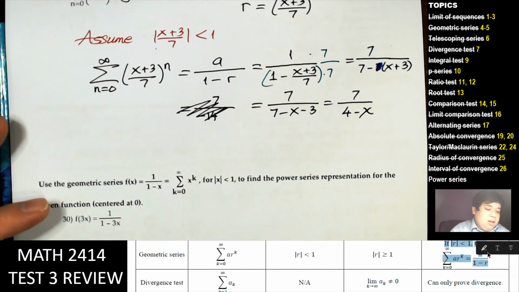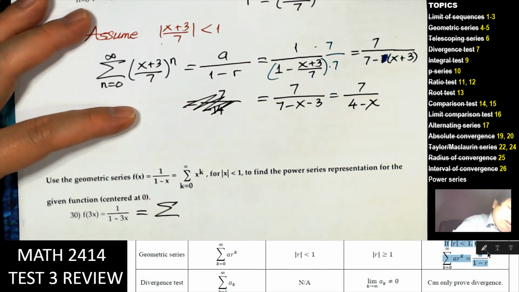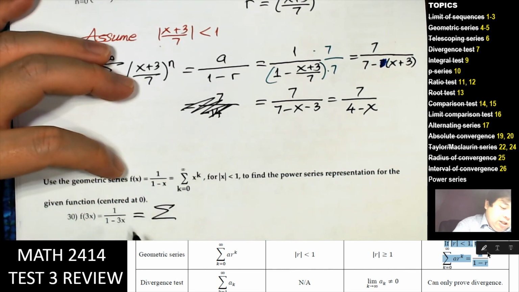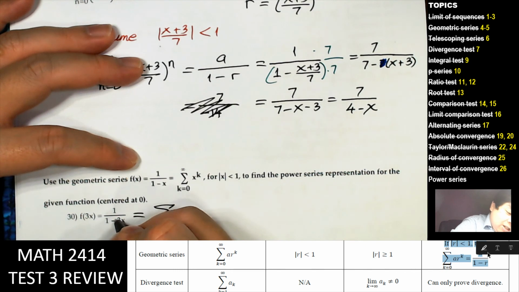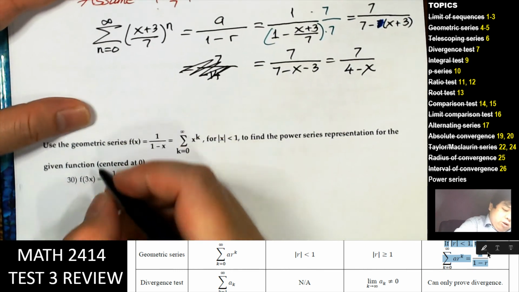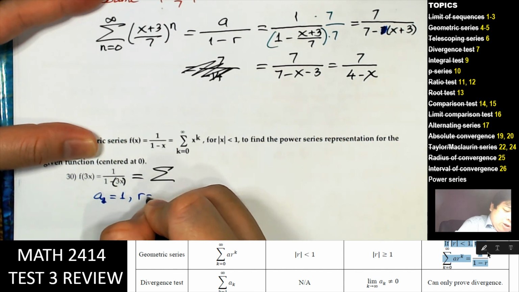Same thing here. Of course, the formula is right there, but if we want to write that out, this is a geometric series. The first term is equal to 1, or a is equal to 1, and r is equal to 3x.